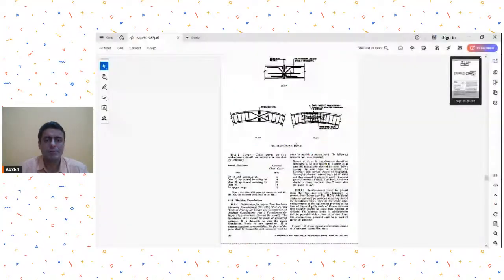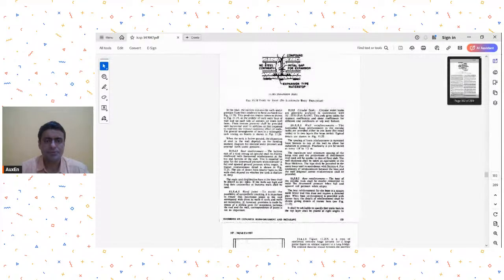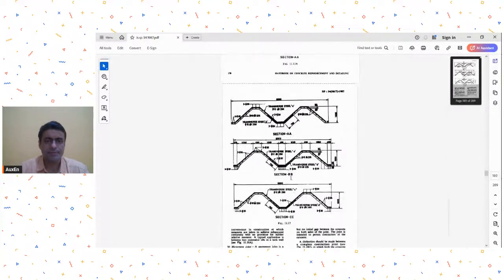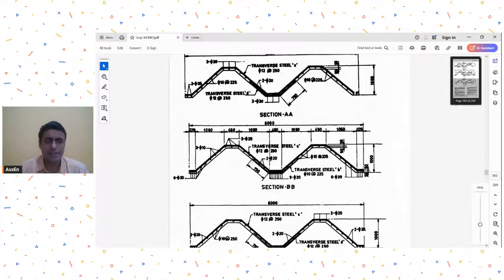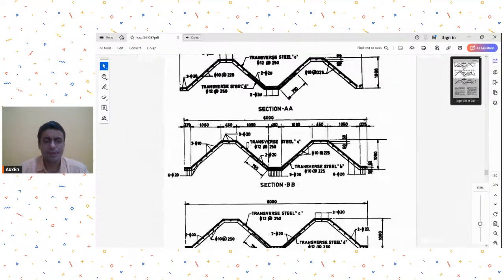Okay, so if I were to show you, if you're hearing a buzzing sound, it is coming from this laptop fan. So something like this, if you see, something like this arrangement you can provide in your pitched roofs.